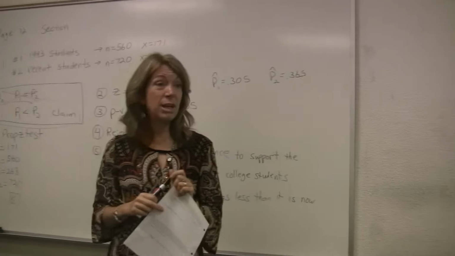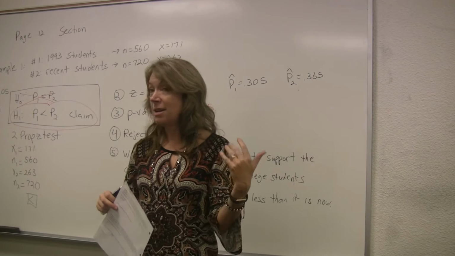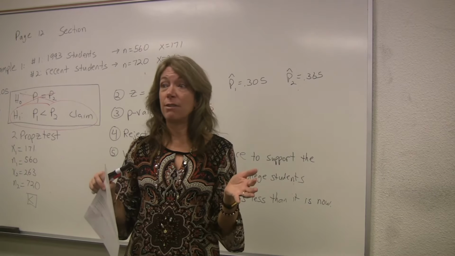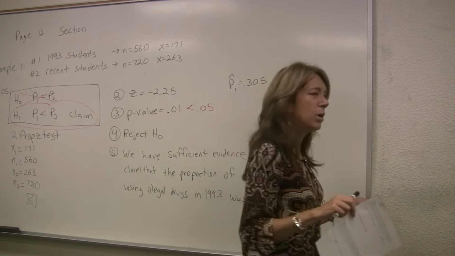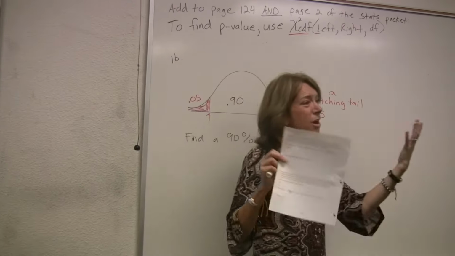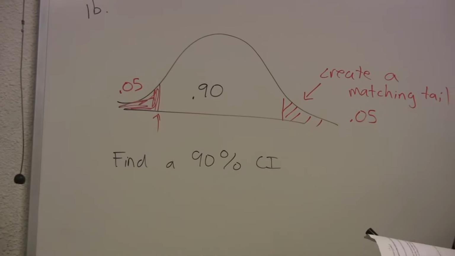So this is a little bit tricky. When you do a confidence interval tied to a test like we just did, you have to sometimes create another tail to figure out what your confidence level is. It's not just 1 minus alpha. When you say sometimes, is that just because it's not a two-tailed test now? Yes. If it was already a two-tailed test, I wouldn't need to come up with another tail. I already would have two tails.